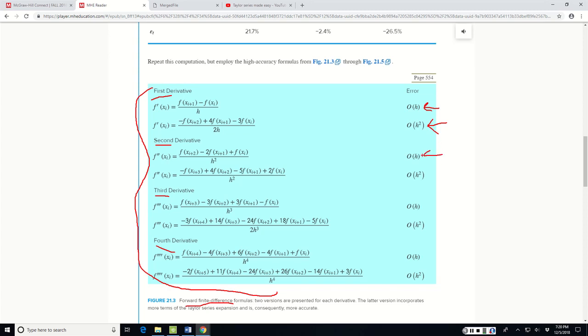You have a low order accuracy and a higher order accuracy, and always the penalty is that you have to use more points to get a more accurate estimate of the derivative. So for example, for the fourth derivative, here you're using 4 forward neighbors, while here you're using 5 forward neighbors. Here's your xi plus 4, and here's xi plus 5.